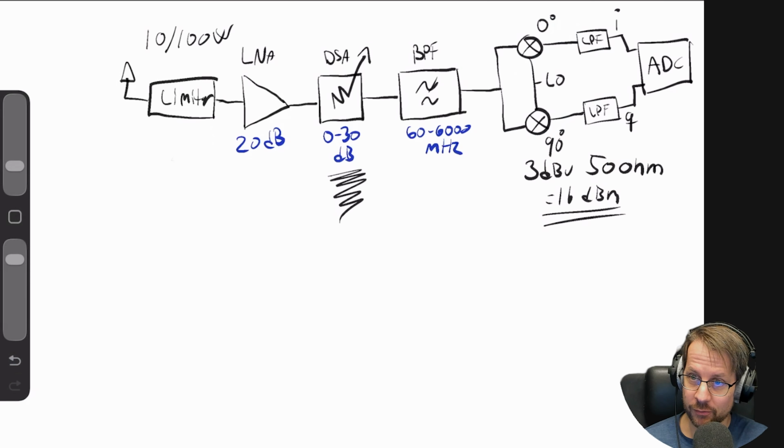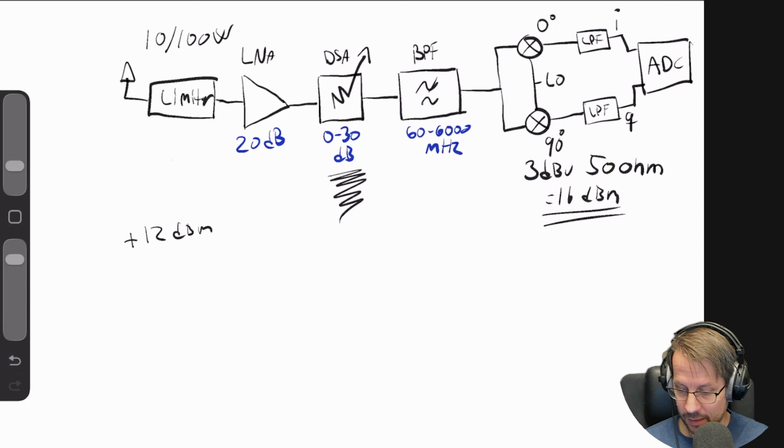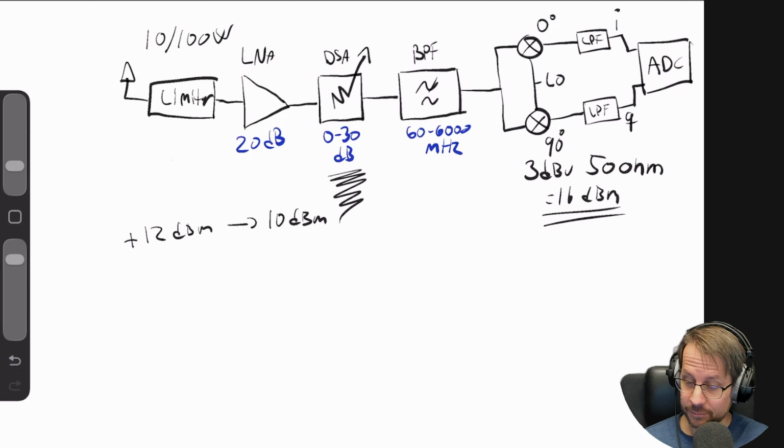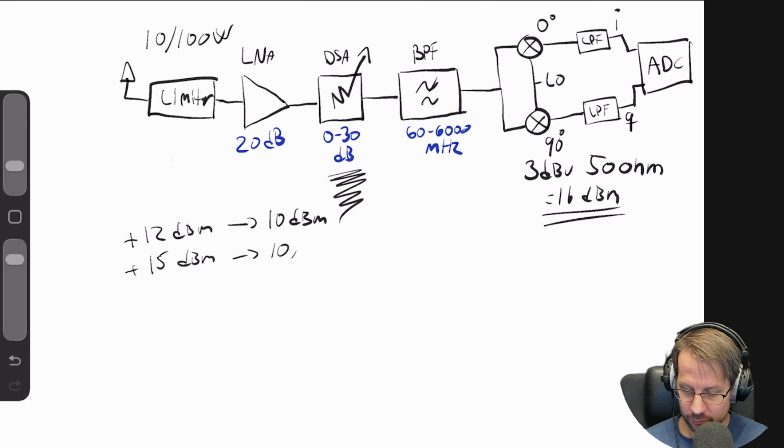You can handle that amount of energy. So let's say you get a signal at plus 12 dBm that enters your antenna. That will be clamped down to 10 dBm, and if you get any other strong signal, let's say plus 15 dBm, that will also be clamped, let's say, down to 10.5 dBm.